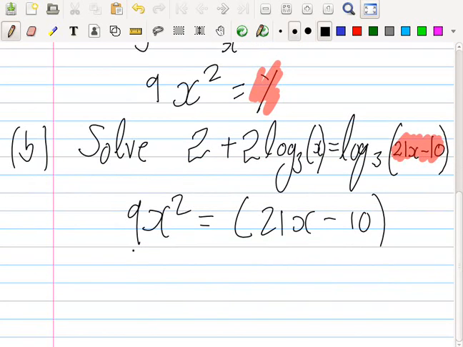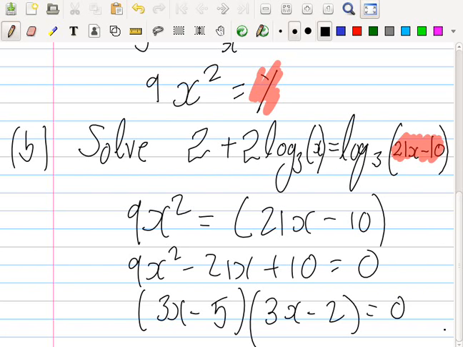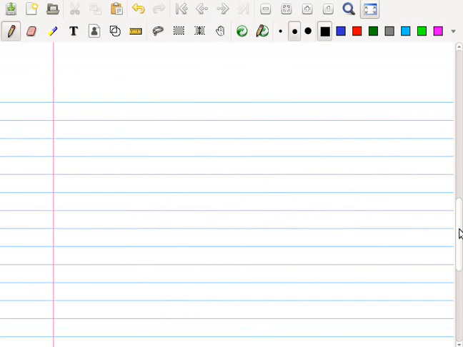Okay, this one here is just a quadratic. So you got two answers here.